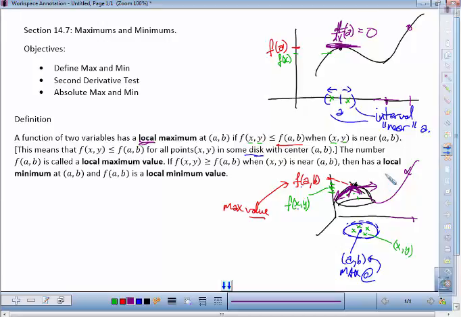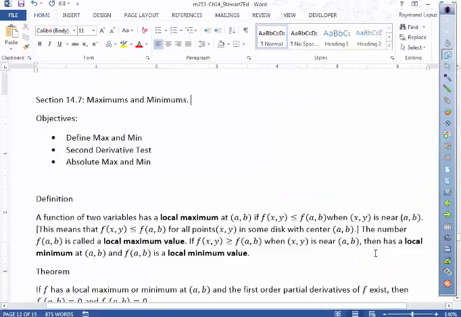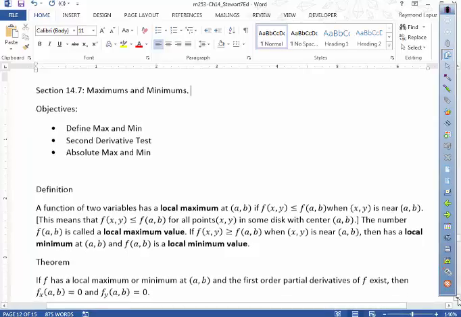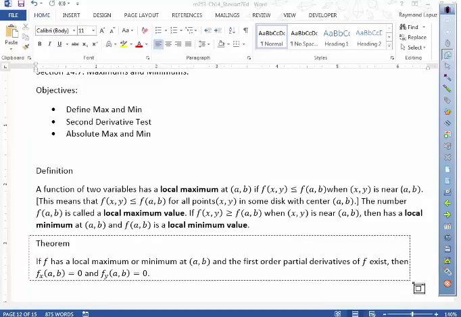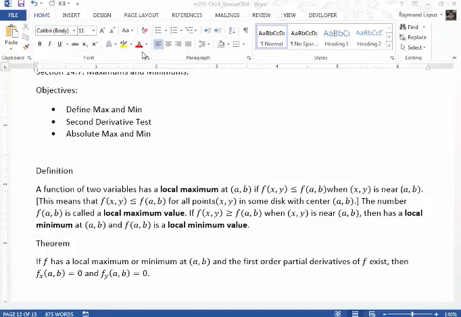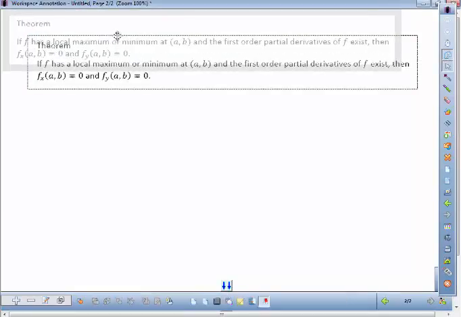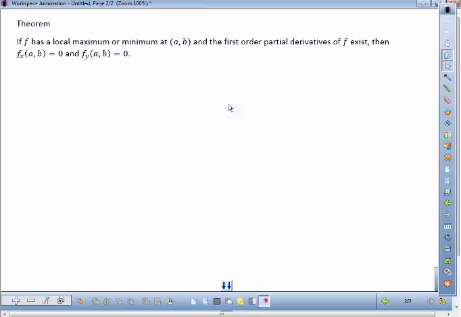So that's our little theorem that's coming up next that says if it has a local max or min, then the partial derivatives must equal 0. We're going to stay away from weird functions where the derivative might not exist.